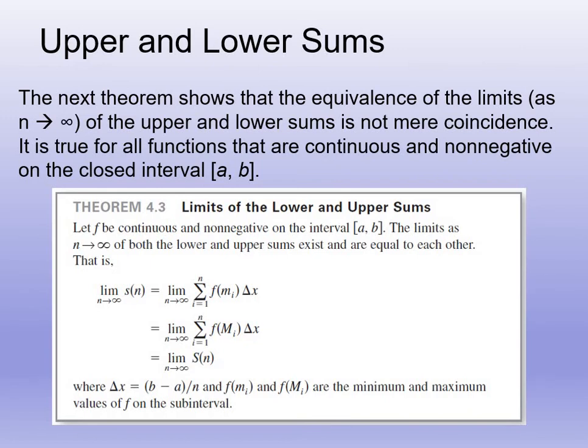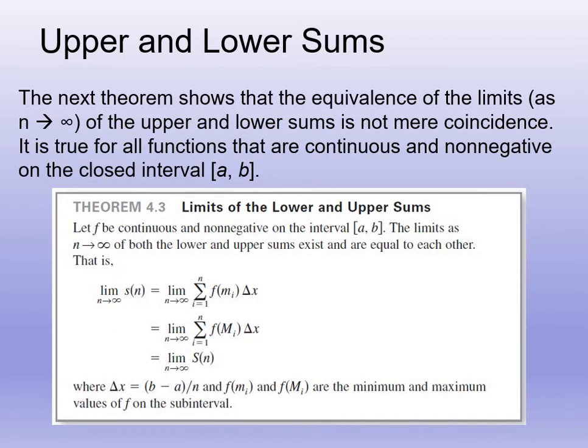Remember, the lower m and the capital M mean the lower and upper sums. So when we want to apply this, f has to be continuous, non-negative, on a closed interval from a to b. And the limits have to be equal to each other. That is, as n approaches infinity, the lower and upper sums exist, and they are equal to each other.